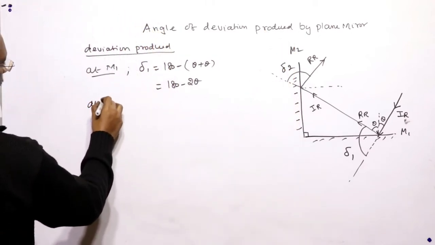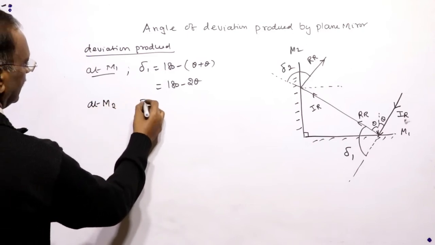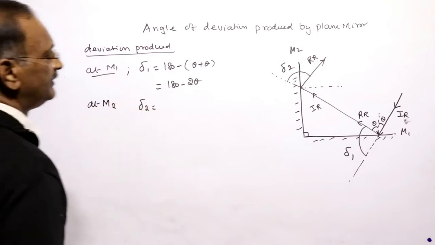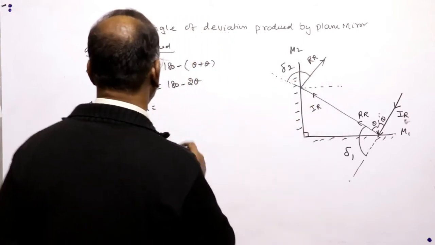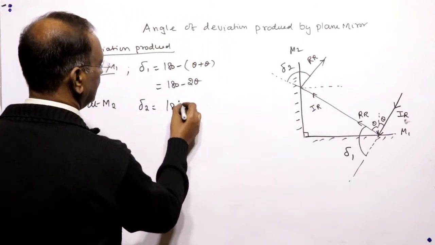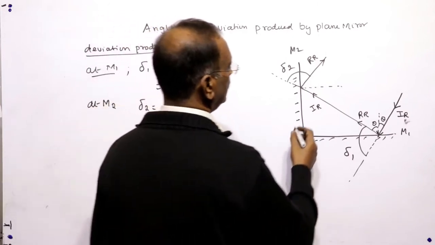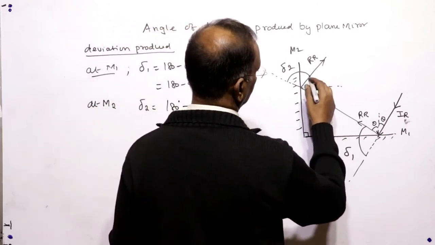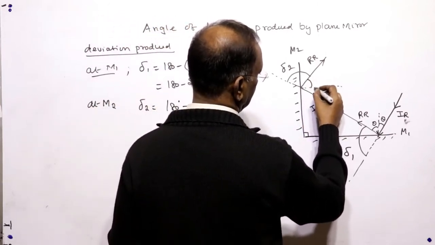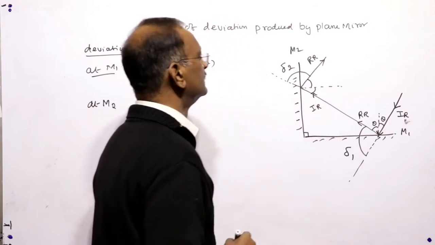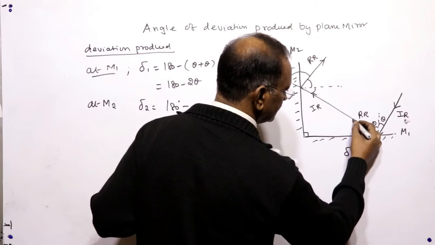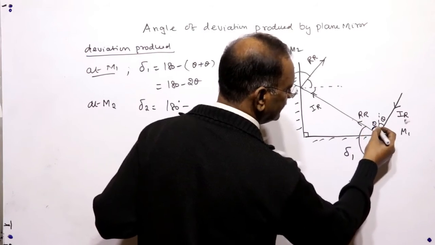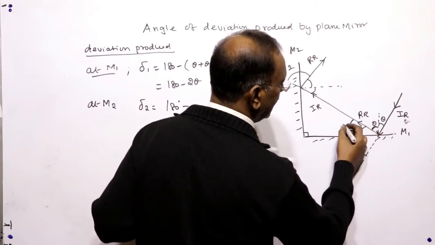At mirror 2, what is the angle of deviation? It is 180 degrees minus this angle and this angle. What is this angle? This is 90, and if this is theta, this will be 90 minus theta.